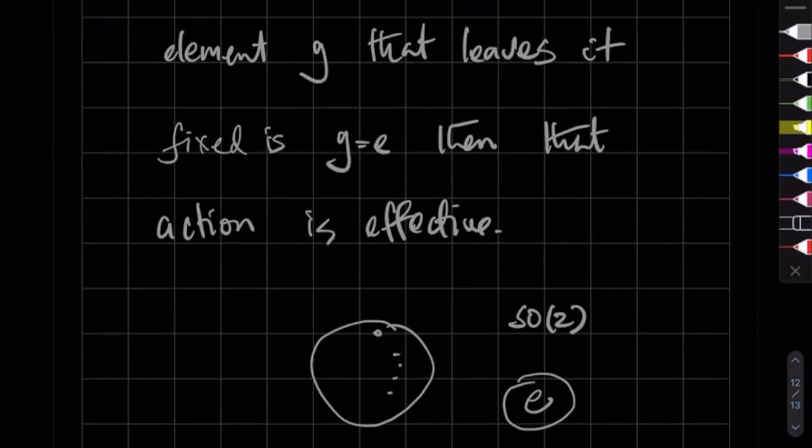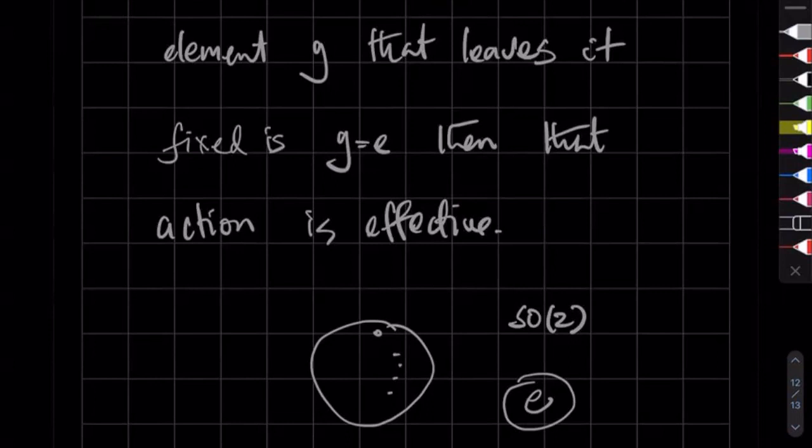Another thing you mentioned is that every free action is an effective action, but every effective action is not a free action. Could you please explain that?